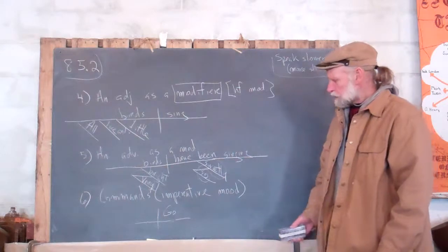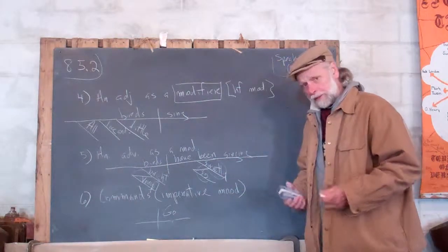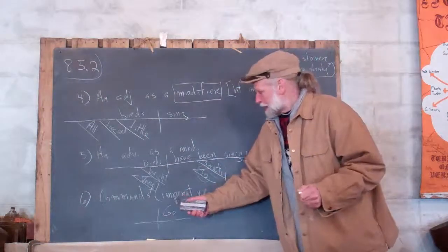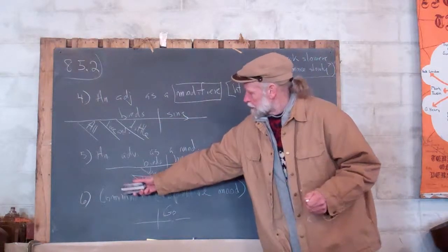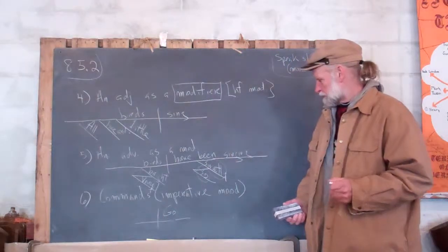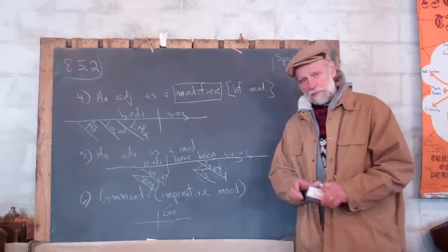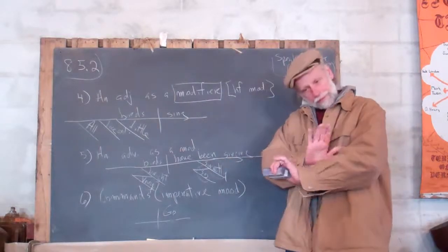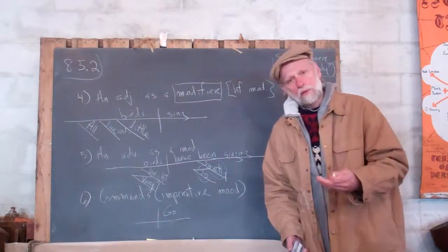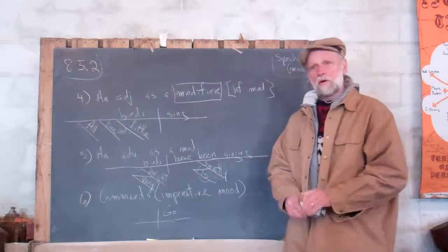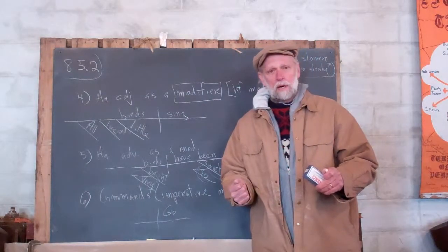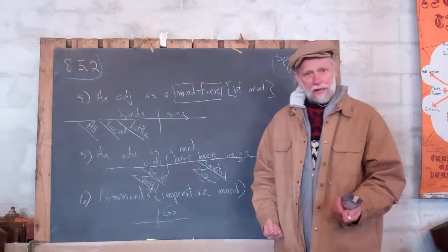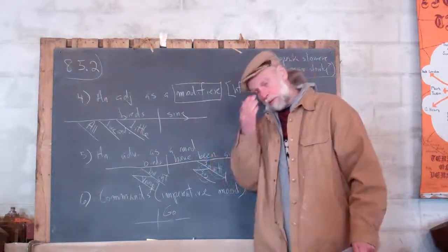One other thing to tell you here, and then I'm going to have a third video, is in commands. I guess this isn't exactly another part of a sentence, I don't think. But in commands, sometimes there's just one word like go, leave, stop. Well, there's only one word. And since I said all sentences are going to have a clause, and a clause has a subject and a predicate, how can you do that with only one word?